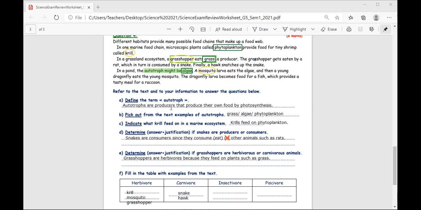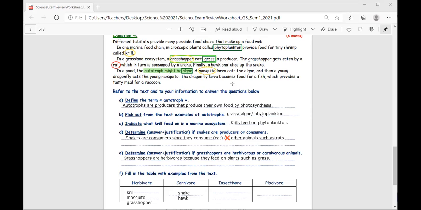Yalla, insectivore. The rat eats the grasshopper, so the rat is an insectivore.